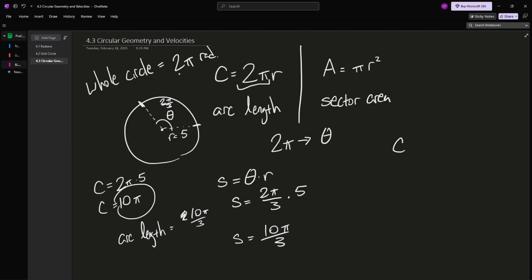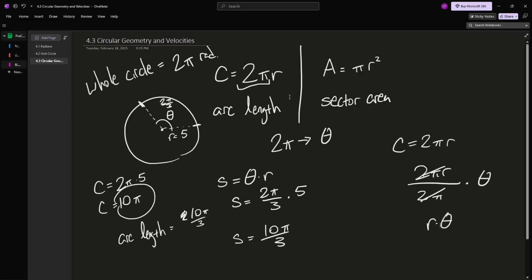So another way of seeing it is, I had 2 pi r, I divide it by 2 pi, and multiply it by theta. So I get rid of the total whole circle, leaving r times theta. And this is my arc length.